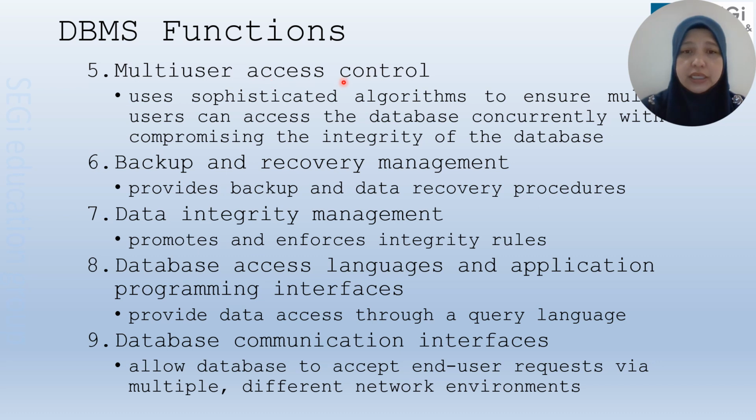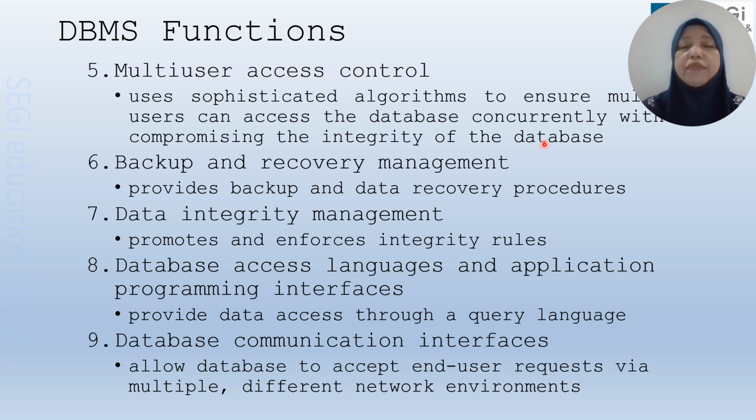Next, multi-user access control. Remember, as I explained just now, not every user can access all of the data, so the DBMS allows access control elements. It uses sophisticated algorithms to ensure multiple users can access the database concurrently without compromising the integrity of the database. For example, you have a branch in Kelana Jaya and a branch in Kuala Lumpur.